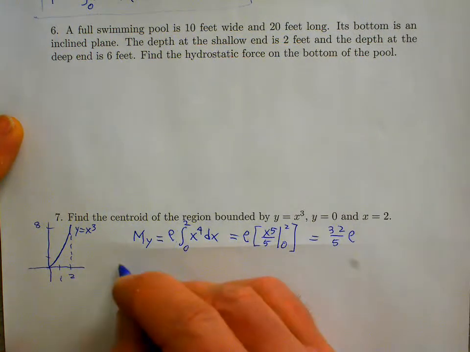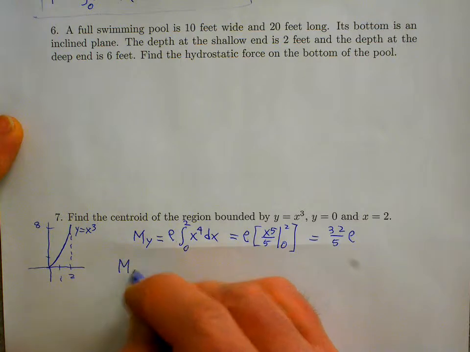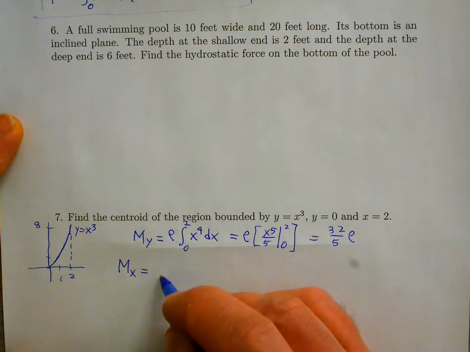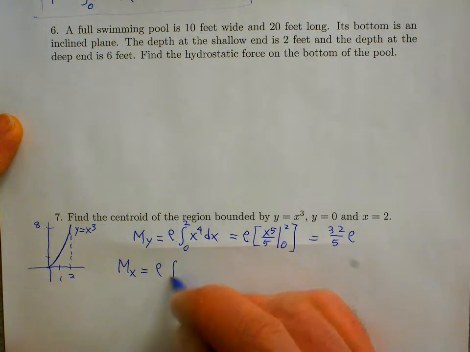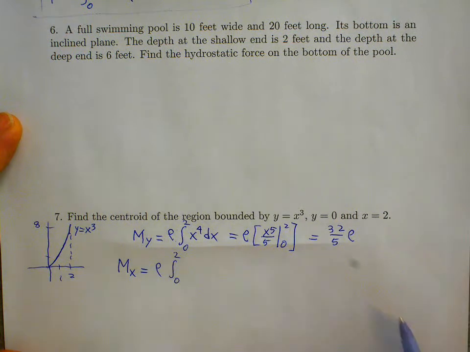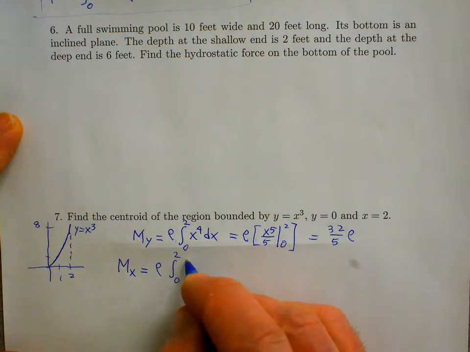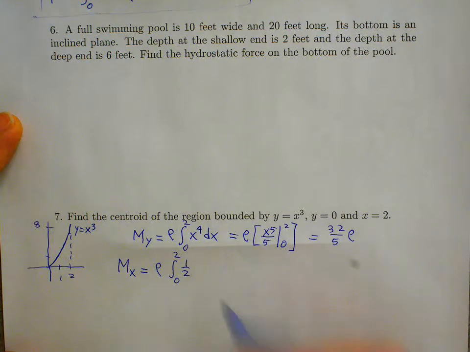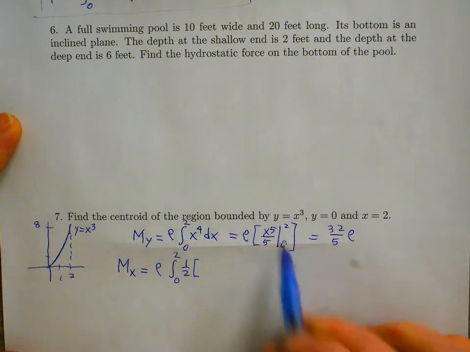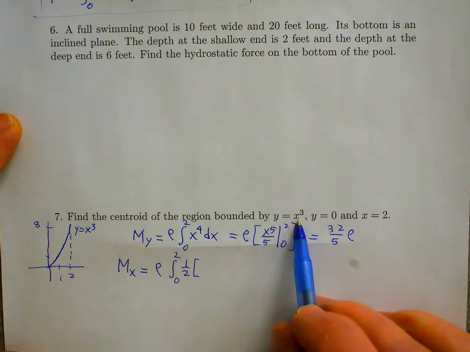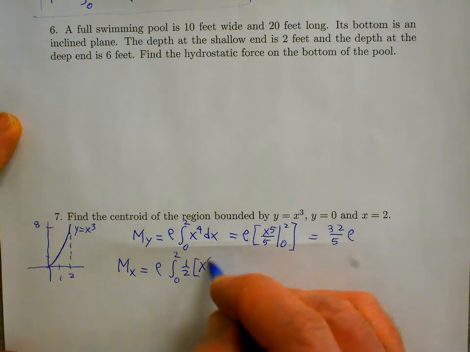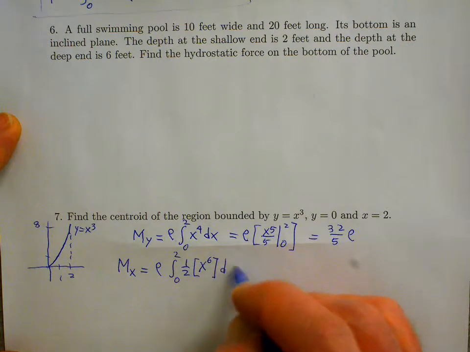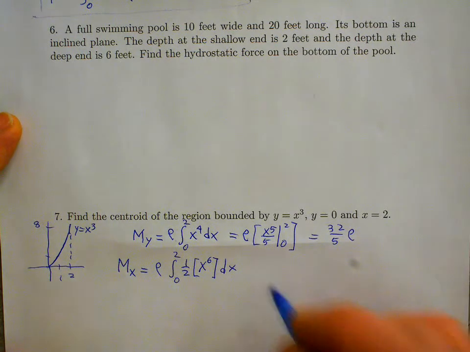And then the moment of the region about the x-axis is rho times the definite integral from 0 to 2 of 1/2 the square of f of x. So since f of x is x to the third, when we square that, we get x to the sixth. So this is also pretty simple.